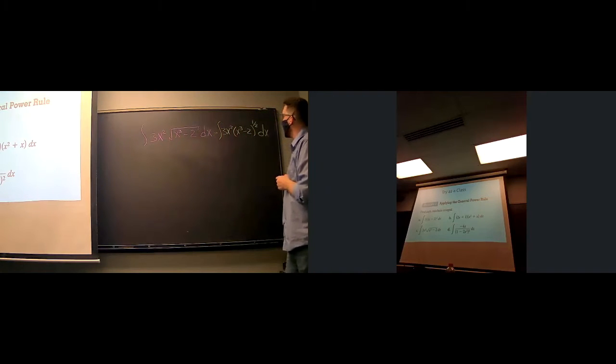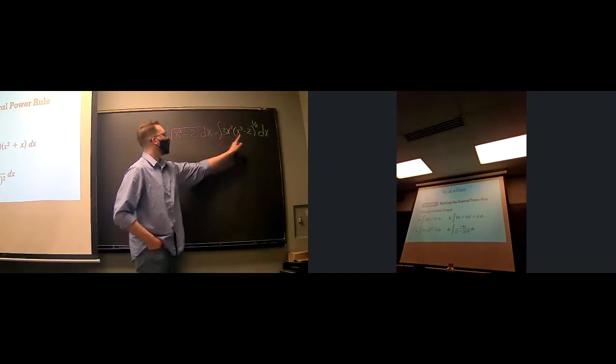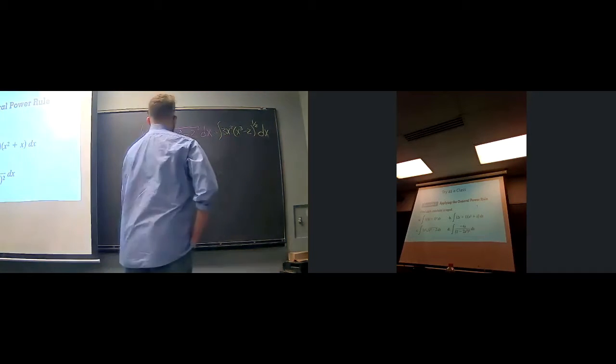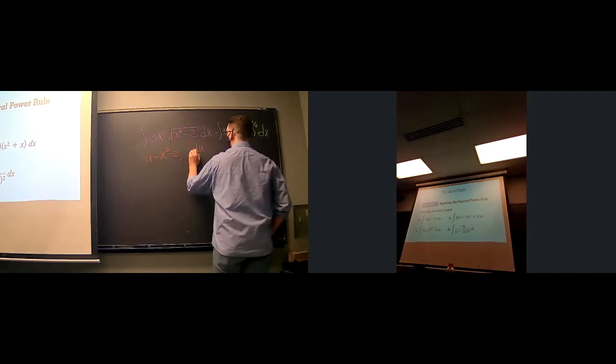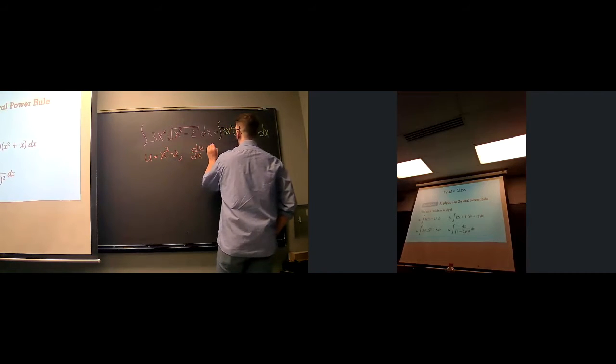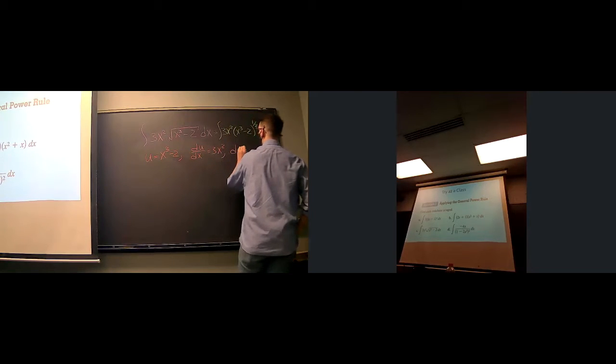Now, if we look at this, you might notice something, that what's outside of the parentheses is the derivative of what's inside the parentheses, right? So using that, why don't we say u is equal to x cubed minus 2, then du dx would be equal to 3x squared, and du would be equal to 3x squared dx.